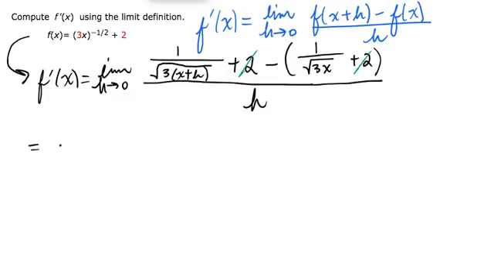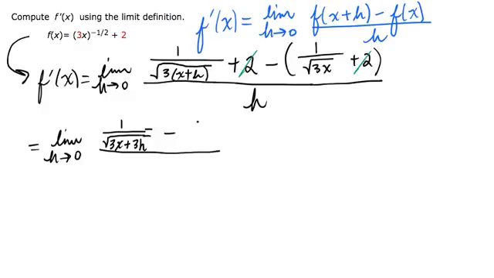Now we need to simplify this expression. It's a bit complex as is. We have a complex fraction. So I'm going to clear the complex fraction by multiplying by what I need to get rid of this denominator and this denominator over itself. So first I'm going to recopy what we have, except I'm going to go ahead and distribute the 3 and write it as square root of 3x plus 3h.